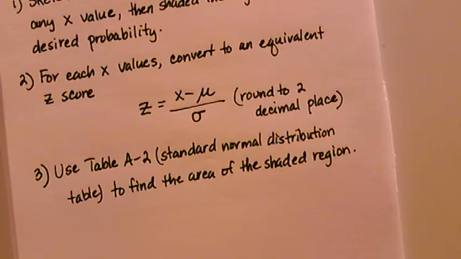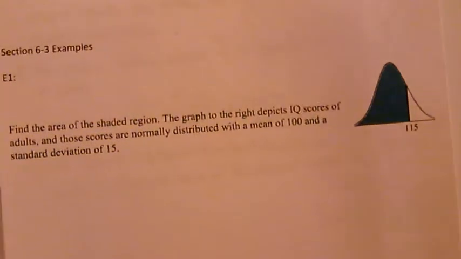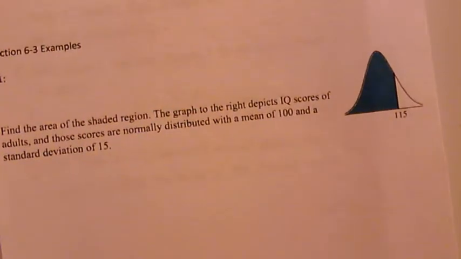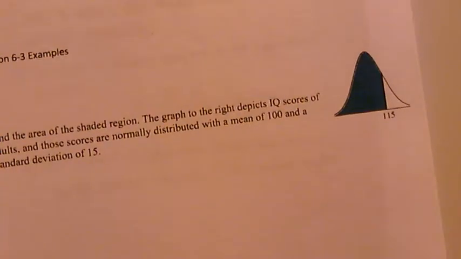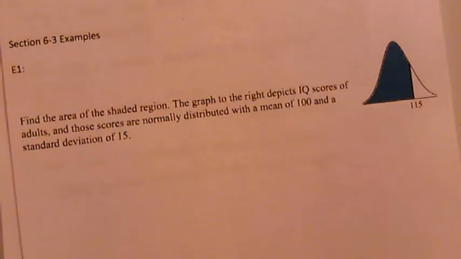So what I'm going to do here is look at a few examples of just this. Okay? So here's the first example. Let's say we want to find the area of the shaded region.